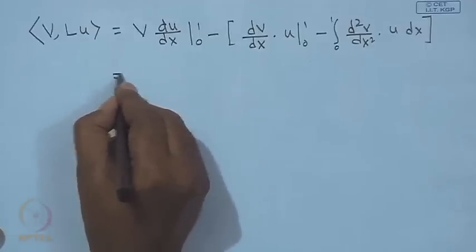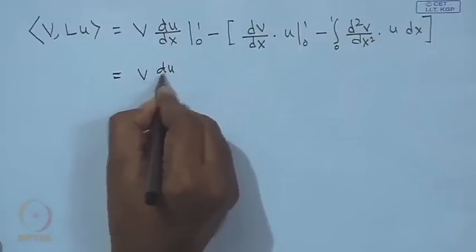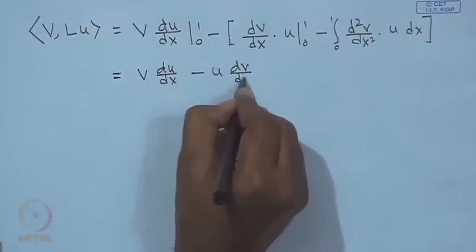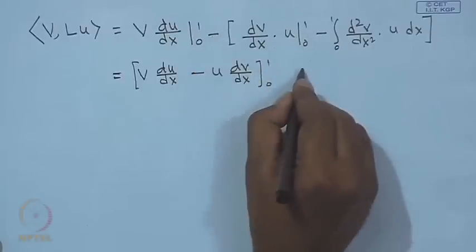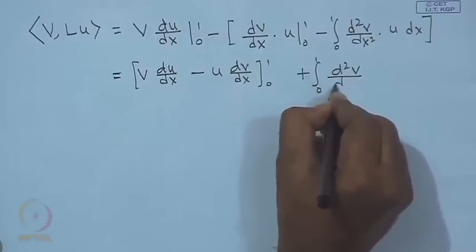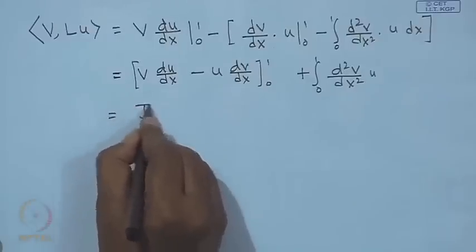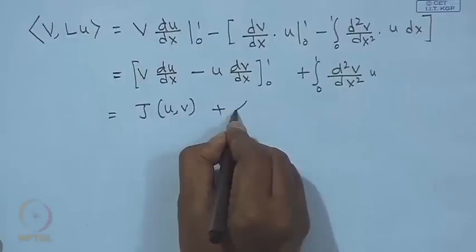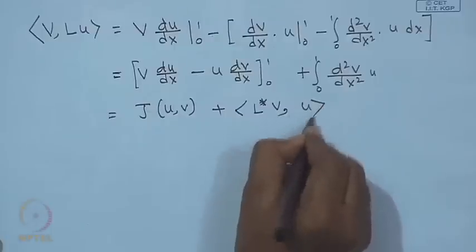So, we collect the bilinear concomitant term together: v du dx minus u dv dx from 0 to 1, plus the integral from 0 to 1 of d square v dx square times u. So, these will be J u v plus the inner product of L star v and u.